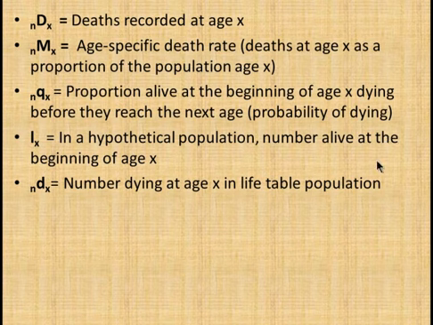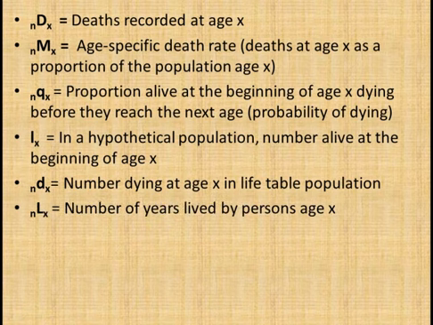Now in the life table population, these were the recorded deaths in a real population, but now these are deaths in a life table population. We have L, the number of years lived by persons aged x.